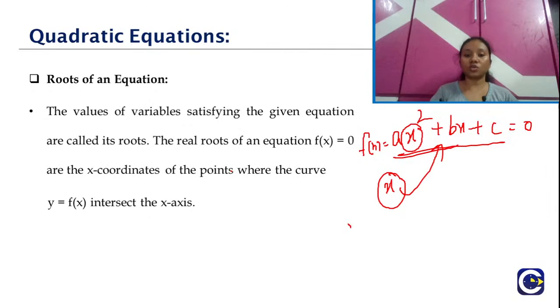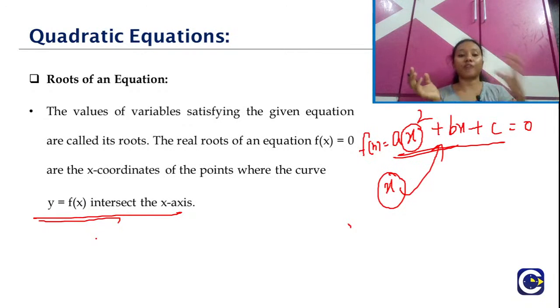The real roots of this equation are the x coordinates of the points where the curve intersects the axis, right? You might already know how to find the solution of a quadratic equation. How will you find it? You will try to use factorization, the easiest method, right?